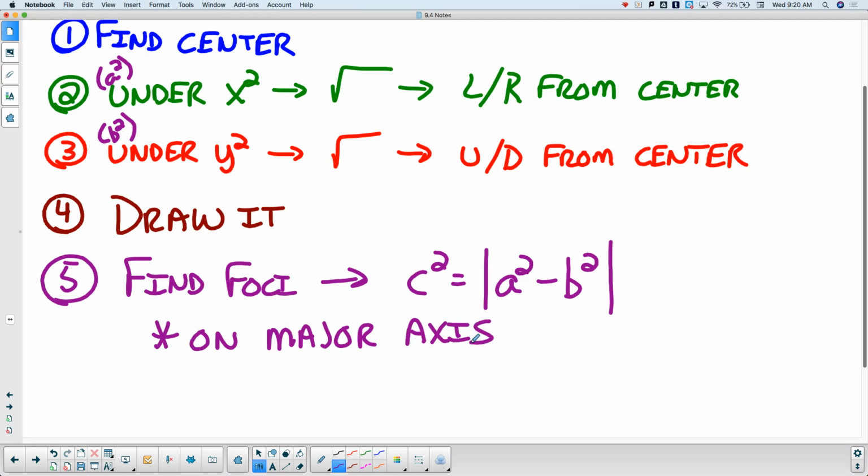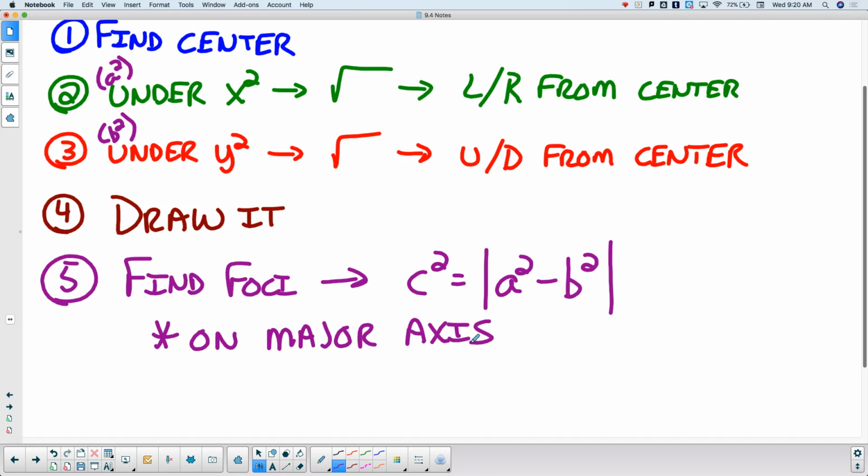Okay. Yes, ma'am. What if it's a negative? That's what the absolute value does. Yep. Yeah, a lot of people gave me imaginary numbers on yesterday's formative, but that absolute value takes care of that.